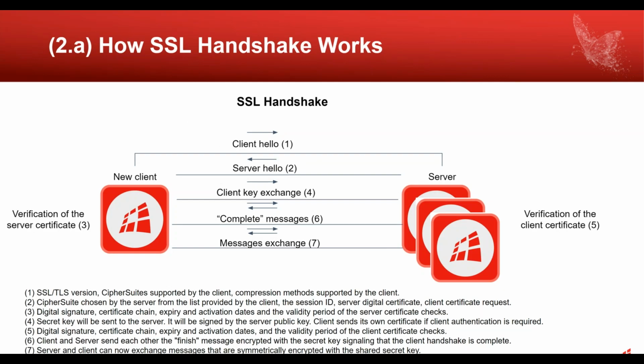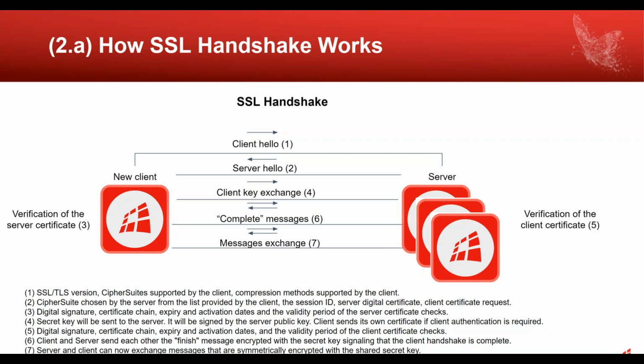Okay, let's start from SSL. On the current slide, you can see the scheme of how the SSL handshake works. We have a cluster with several nodes inside and a new client that is going to join this cluster. Before the join process starts, you need to do these steps.